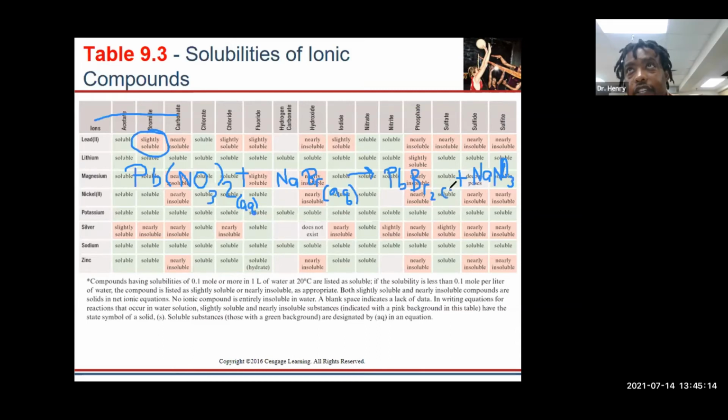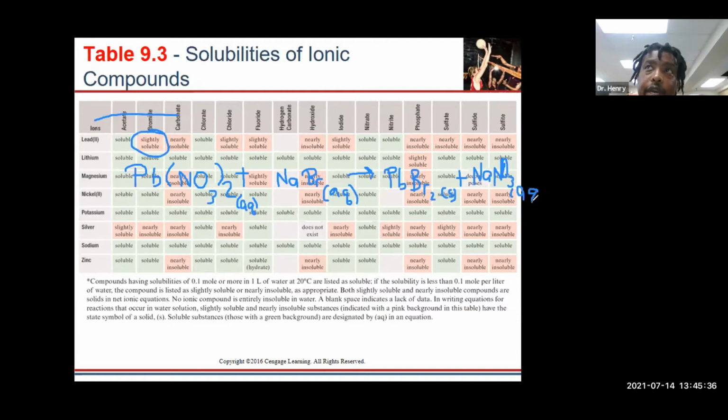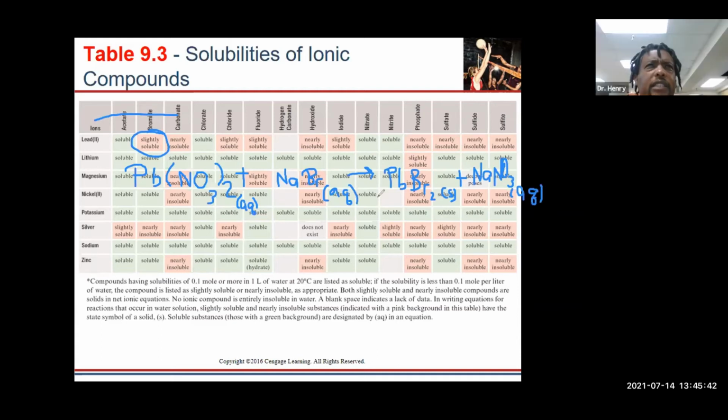Basically, anything that's in that pink is going to be a solid. Okay, what about sodium nitrate? It's going to be aqueous. That's right, AQ. Okay, piece of cake. Are we done? Are we balanced? No. So what do we need to do to balance it? You add a 2 to the NaBr.